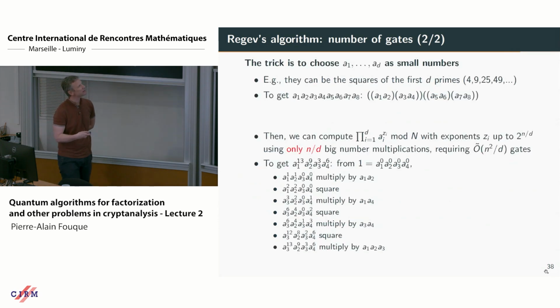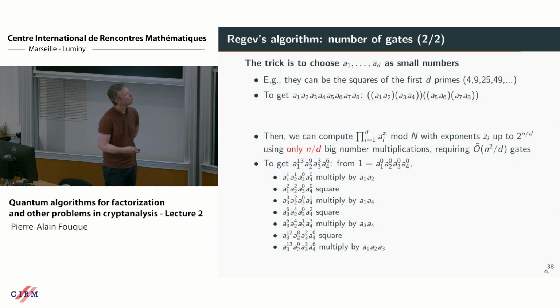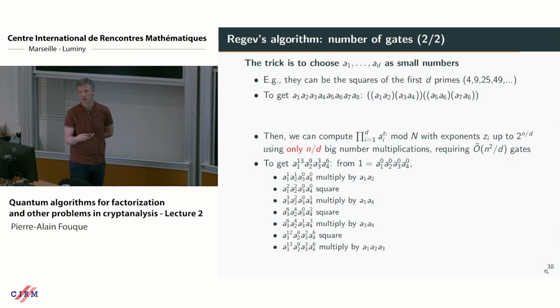So the idea, it's well known in cryptography, is that when you have to do this computation, in fact, you can do this much more efficiently. Okay, so the first thing that you have to do is to begin with the squares of the first primes. So you have 4, 9, 25, 49, etc.